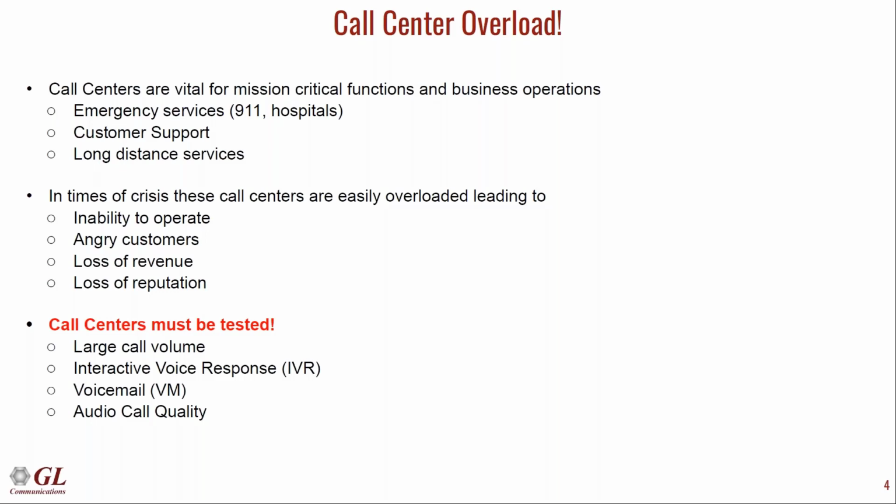For instance, airlines use call centers, hotel chains use call centers. I mean, basically every industry out there uses call centers. They do it to either respond to emergencies or provide customer support or long distance services or something. But basically call centers are ubiquitous. And so the problem is that in times of crisis, these call centers can be easily overloaded.